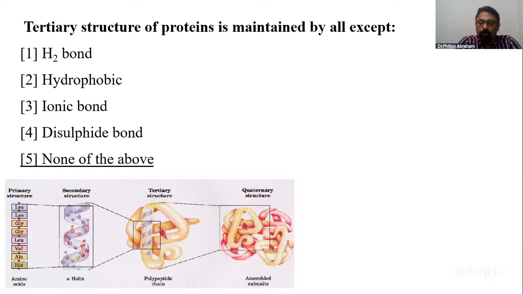It can be hydrogen bonds, hydrophobic interactions, ionic bonds, van der Waals force. Along with that, the tricky part, it is also maintained by disulfide bond. Okay, and one more point. During the denaturation process, only the primary structure will not get altered. All other structures get altered.